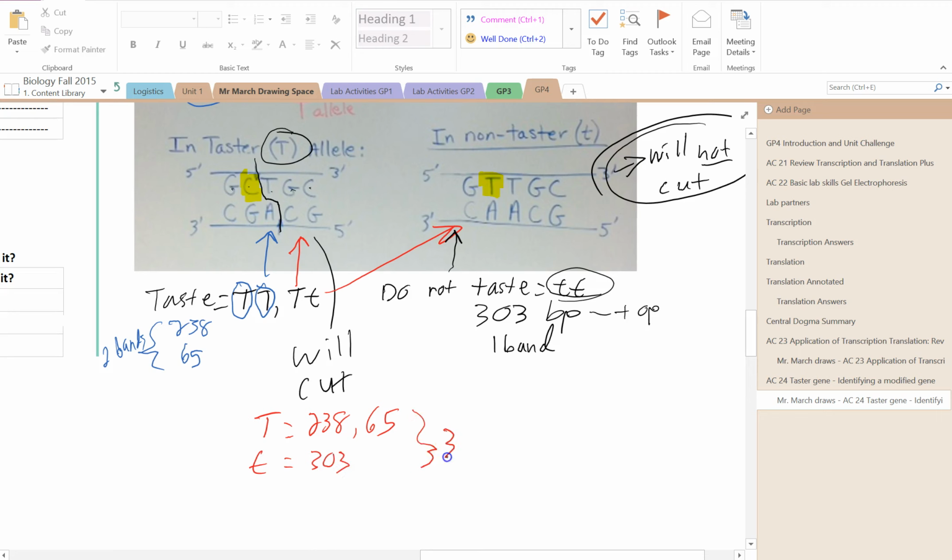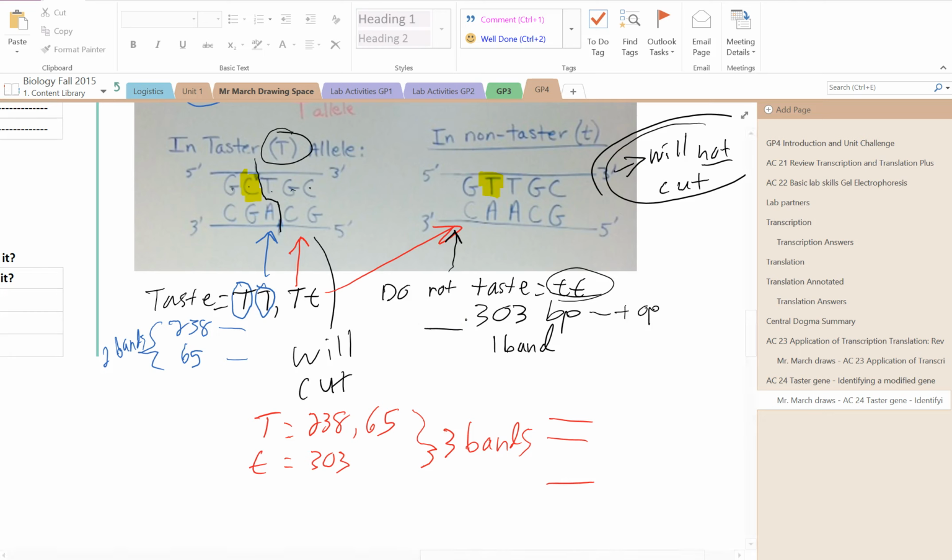So this person will see 3 bands. They will see a large 303, they'll see a 238, and they'll see a 65 that runs down low. Whereas there are 2 bands for the homozygous dominant taster and only 1 band for the homozygous recessive.